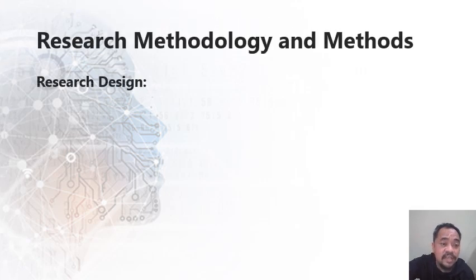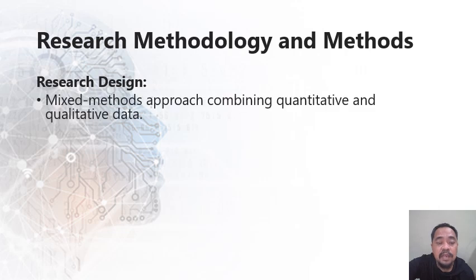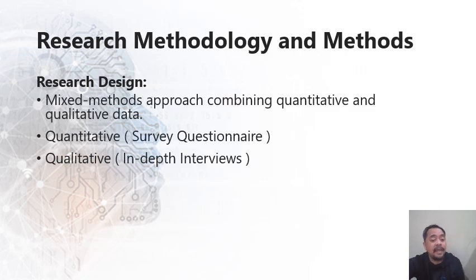Moving on to the research methodology and methods. Now, for my research, I will be employing a mixed method research approach combining quantitative and qualitative data. I'll be using a survey questionnaire and then in-depth interviews.